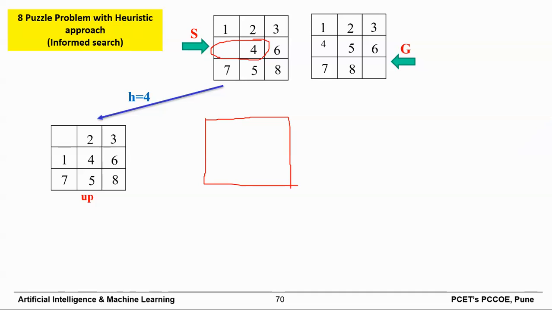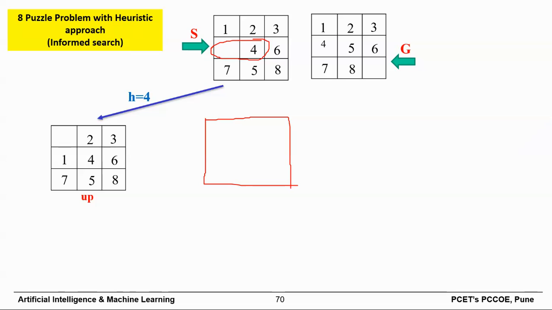Yes, heuristic value is, how? 3. We need to compare these two. We need to compare with the destination.